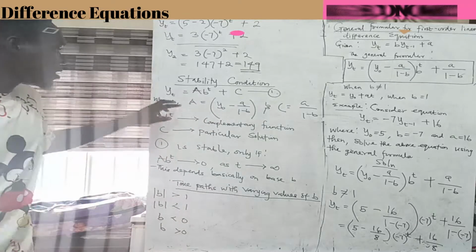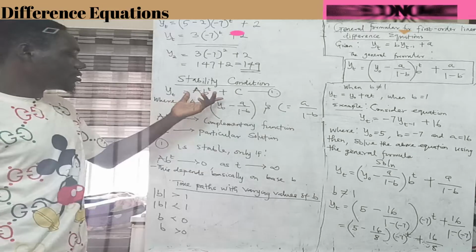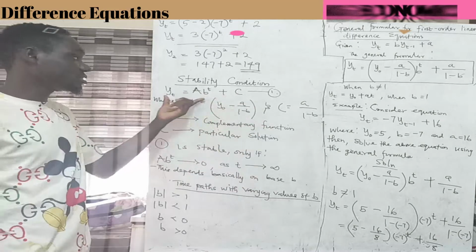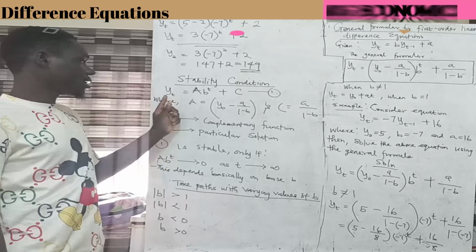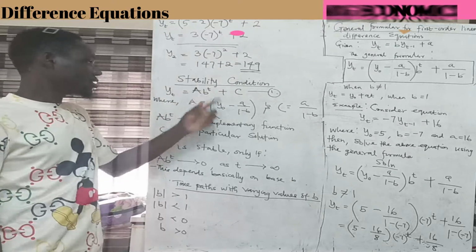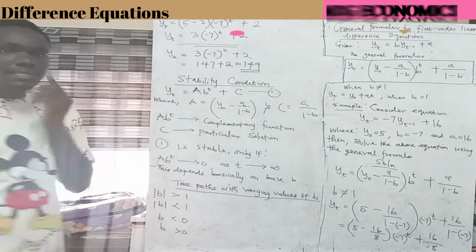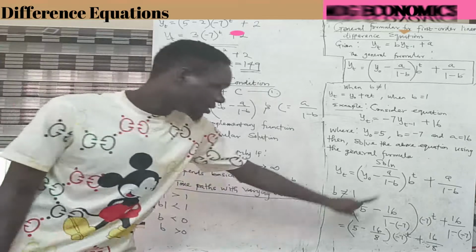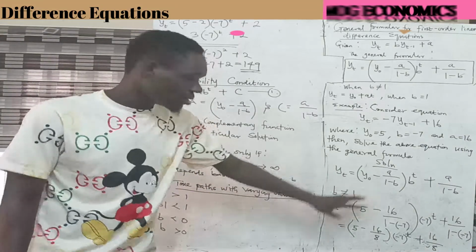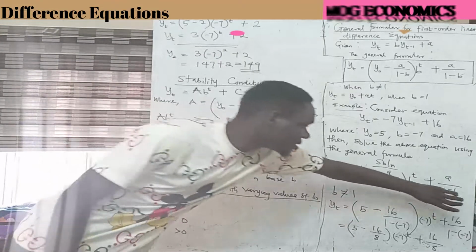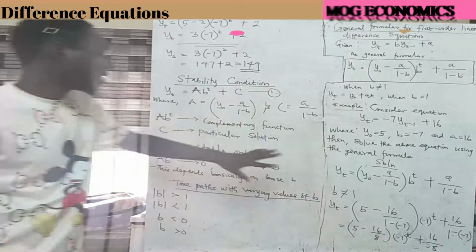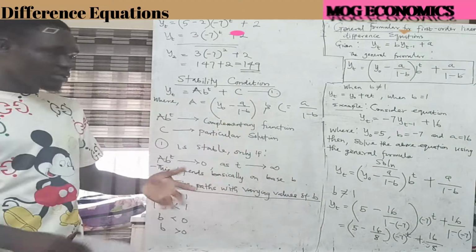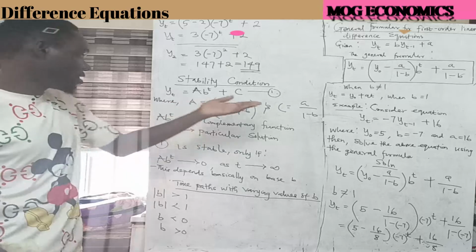So in this case, our general formula has been written as this: y subscript t equals a b. Going back to our general formula here, these entities we have represented with different letters just to simplify the whole thing.